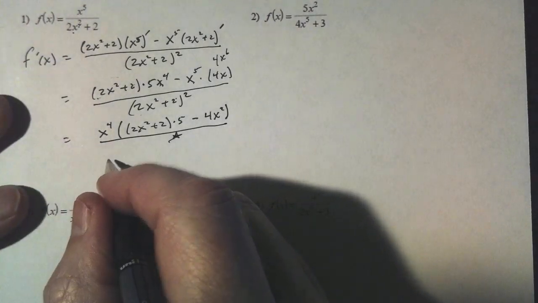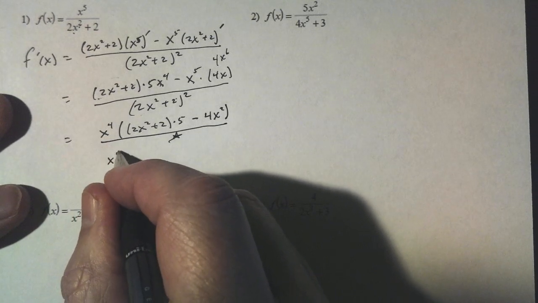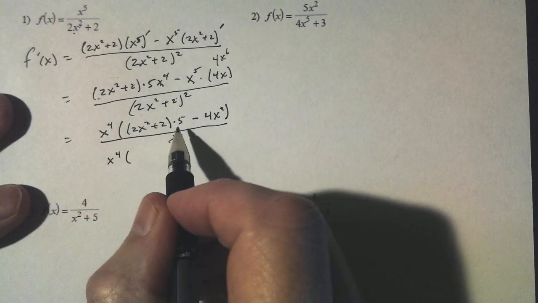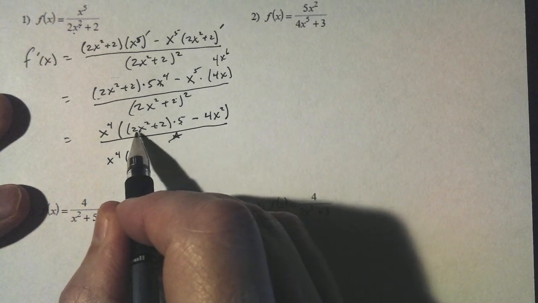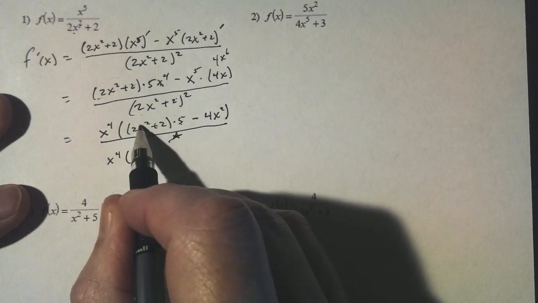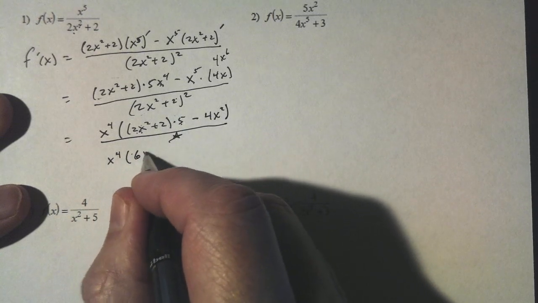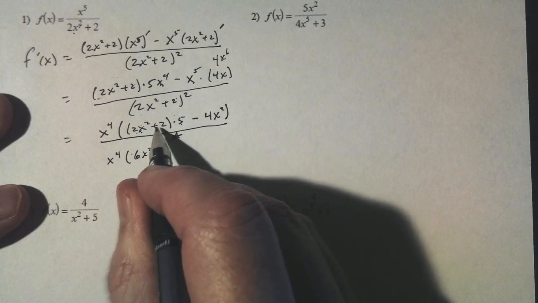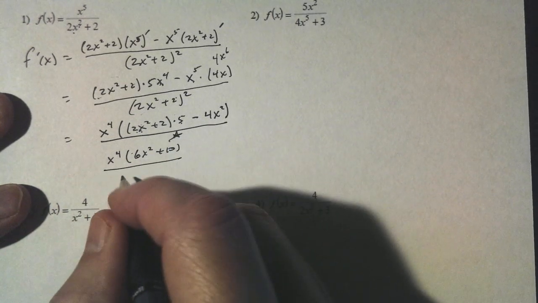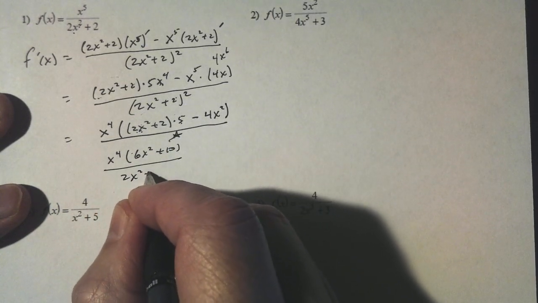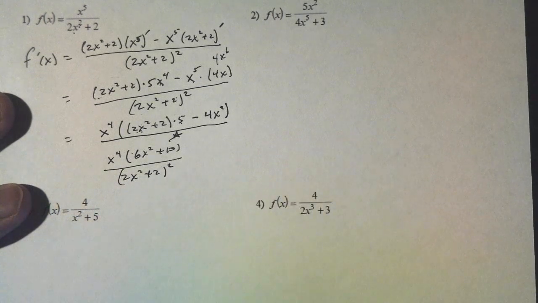Let's simplify that. I get x to the fourth times, I'm going to do this all in one step here, 10x squared minus 4x squared, 6x squared, plus 10, over 2x squared plus 2 squared.